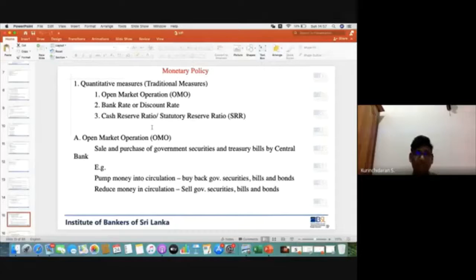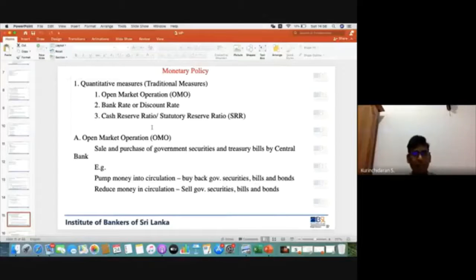Out of that, you can see the open market operation, and the bank rate and SRR, what changes they have made for these quantitative measures, right? You can go to the central bank website, read the articles and relate them with the theory, so then you would understand better.